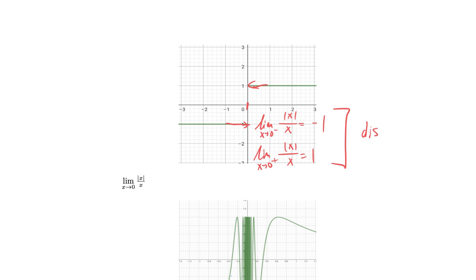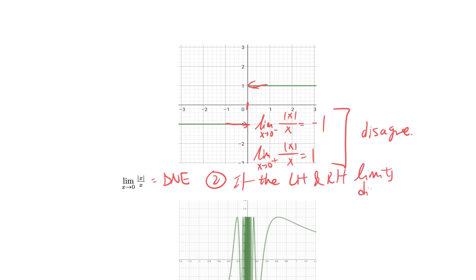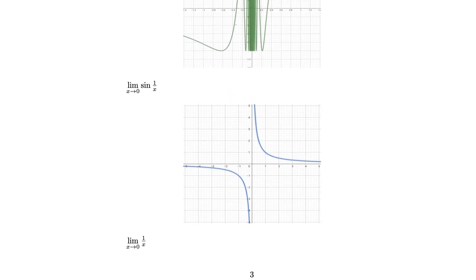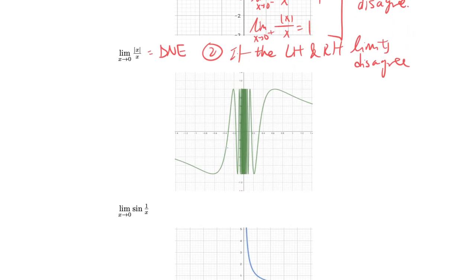So they disagree, and therefore the limit does not exist. So this is a second way in which limits don't exist, and it is if the left-hand and right-hand limits disagree.